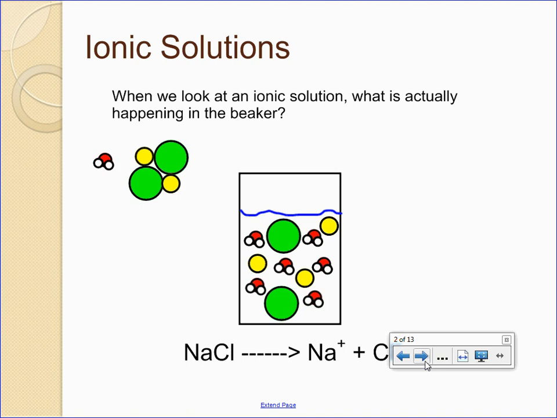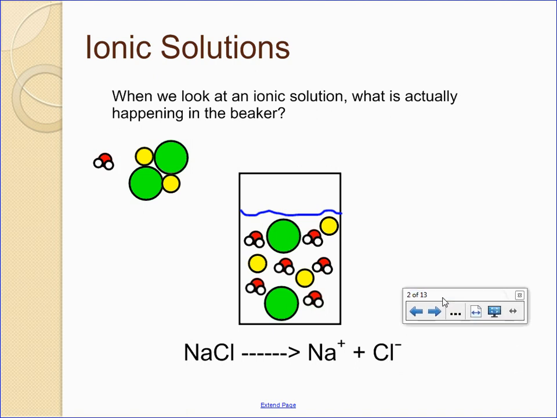So, with ionic solutions, when we look at an ionic solution, what is actually happening in the beaker? As we discussed the other day, when we have our ionic compound, in this particular case the example of sodium chloride, which starts out in that solid state, as it dissolves in water, those positively charged ions and those negatively charged ions will separate from each other and will actually be surrounded by water molecules as it goes in the solution.